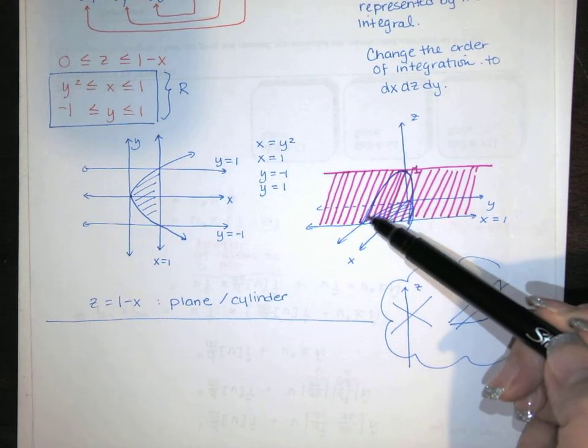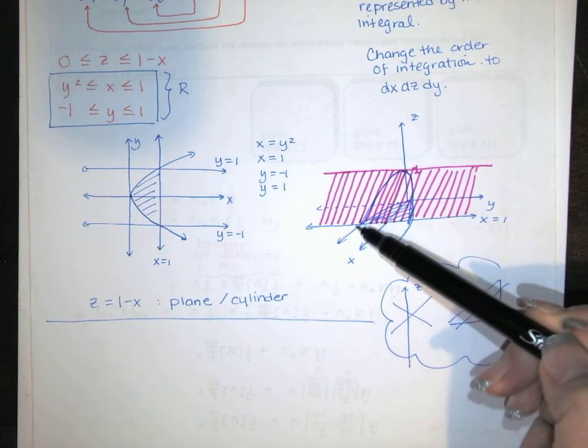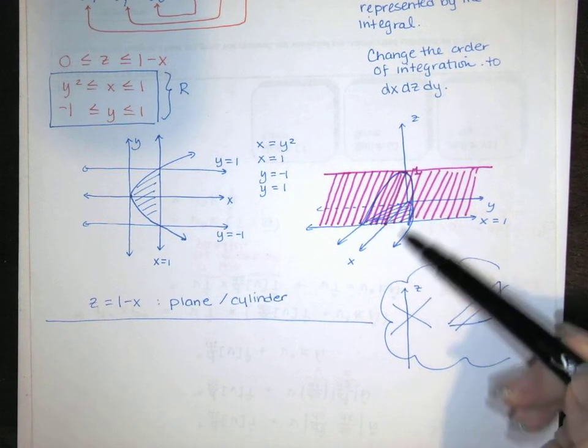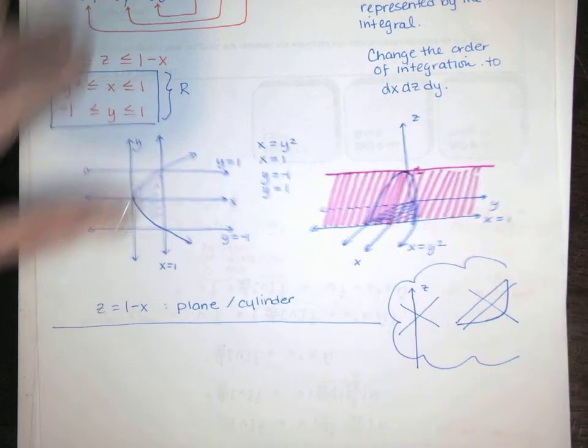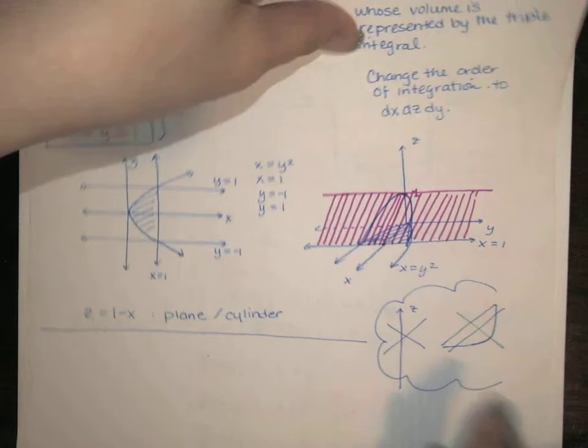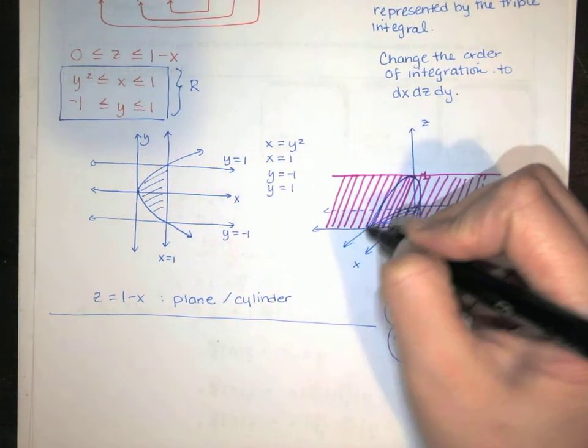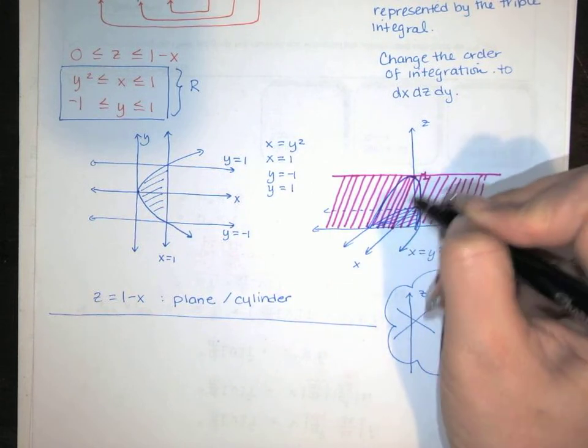So the boundary for x is still given by this parabolic piece. This is x equals y squared. So it's a piece that looks like this. So it's actually going from x equals y squared, that's on that side, to the plane.